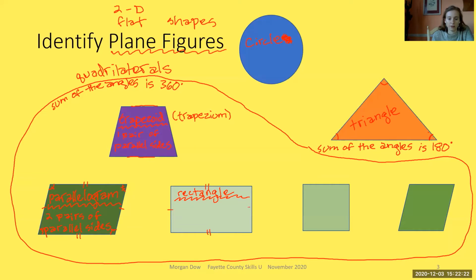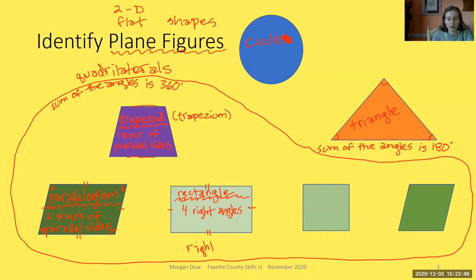The right and the left are parallel and of equal length. And then the extra thing that makes something a rectangle is that it has 4 equal angles, and those 4 equal angles are right angles. So it has 4 right angles.